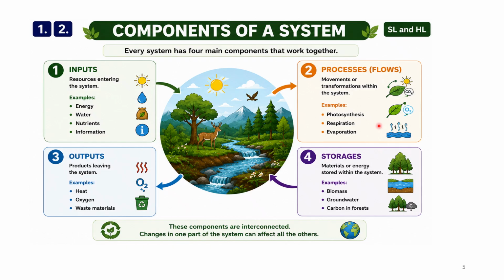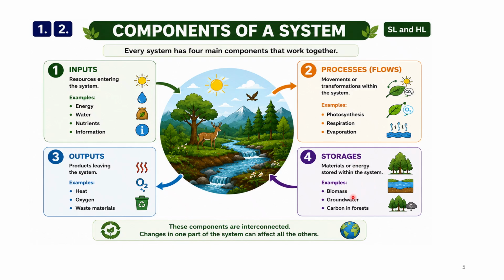into the atmosphere. Third are outputs, the products that leave the system. A forest releases oxygen during photosynthesis, heat through energy transfer, and organic waste materials through decomposition and biological activity. Fourth are storages, where matter or energy is held within the system.